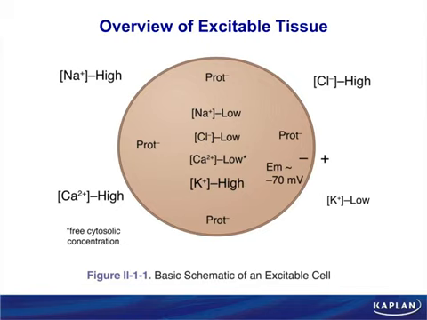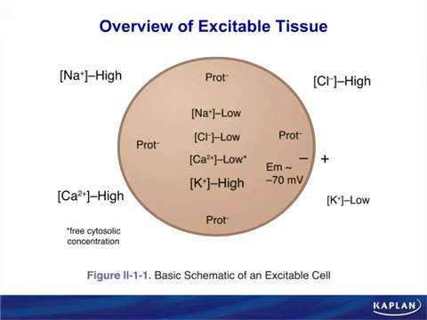We'll start with a very basic overview that is very key, will be an important part of our foundation that we need in order to negotiate any kind of question on USMLE Step 1 that arises associated with excitable tissue.